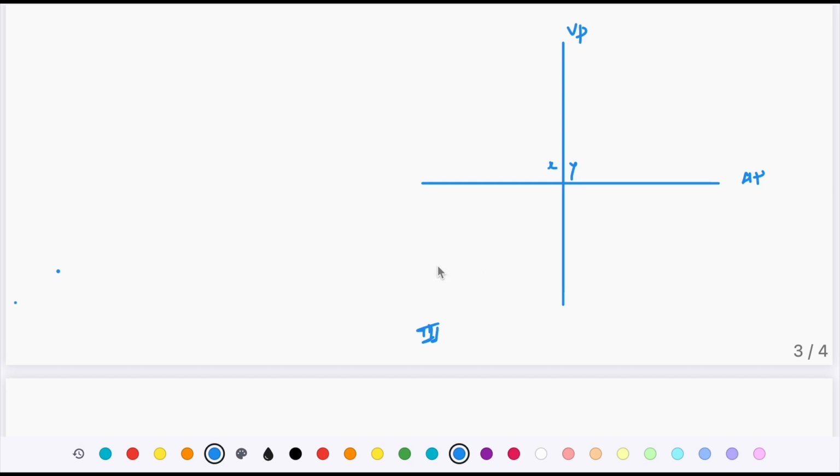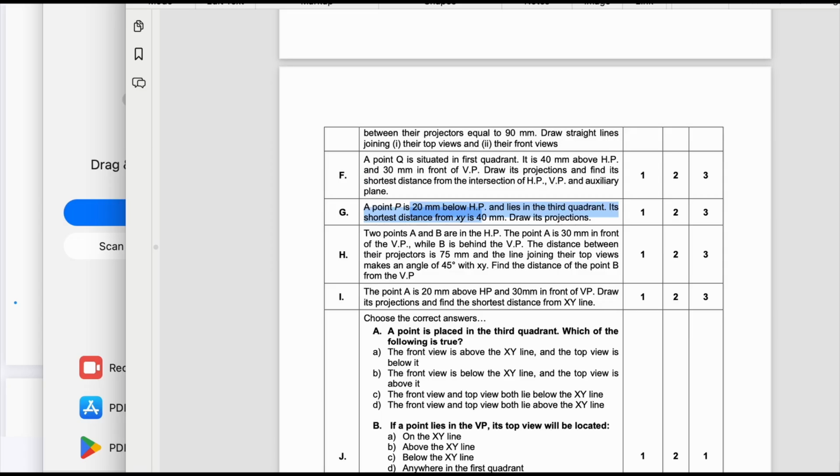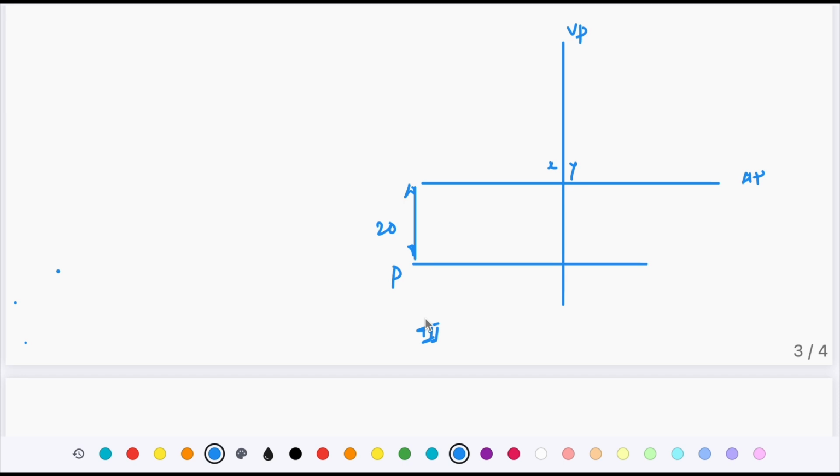So below horizontal plane at a distance of 20 mm on this locus, you are going to get that point P, and the shortest distance from XY is 40. So if you take that 40 in a compass and have intersection, this distance has to be 40. This is going to be our point P.